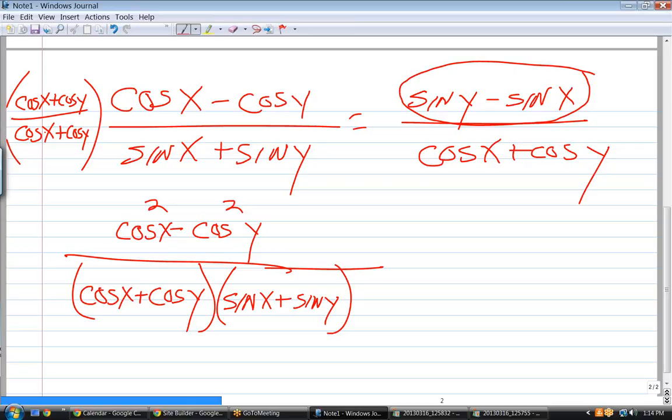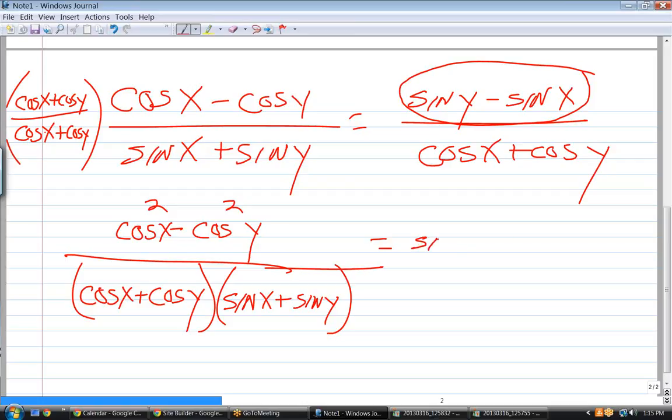Now, has your teacher told you that you're not allowed to mess with the right side? He said not unless you need to. Okay, well, let's mess with the right side then. All right. And I'm going to do the same thing. I realized that what worked when I cross-multiplied was multiplying by sine x plus sine y. So I'm going to multiply the right side by this over itself.